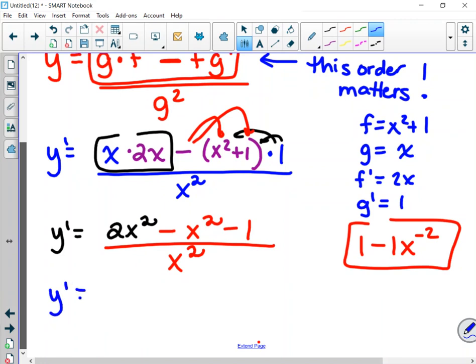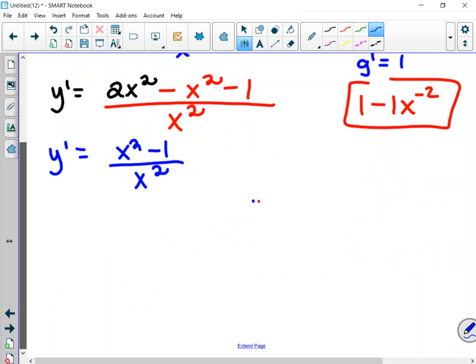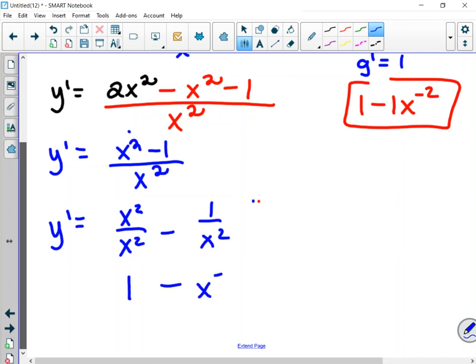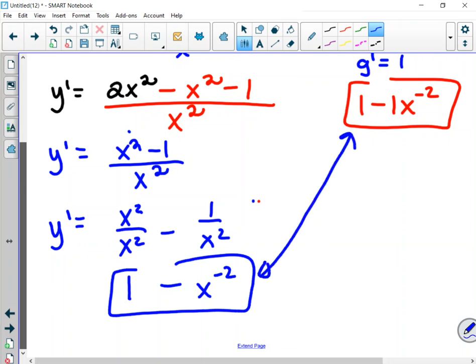Here we go. So this will be x squared minus 1 over x squared. Okay, so 2x squared minus x squared is x squared. And then if I split that up into two fractions, that's 1 minus 1 over x squared, which is x to the negative 2. You're going to get the exact same answer.